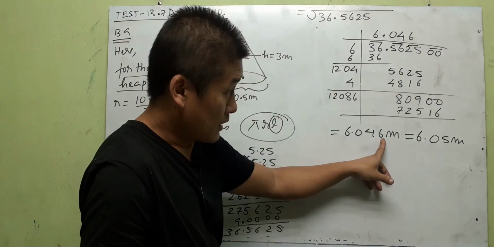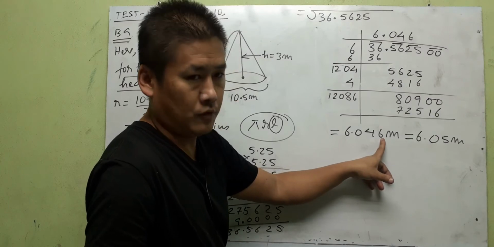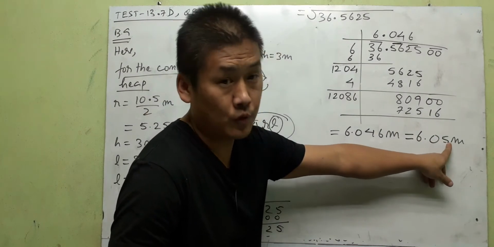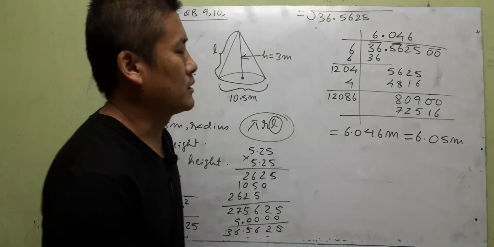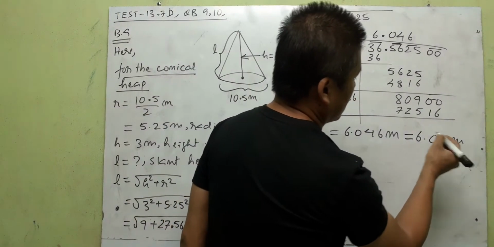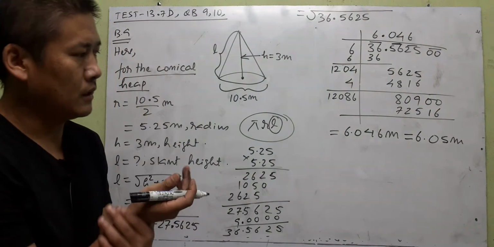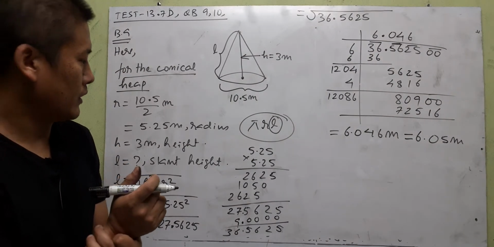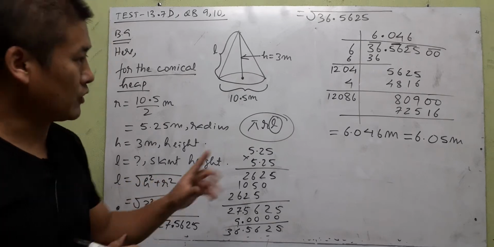But had this been lesser than 5, suppose 4 or 3, this 4 would have remained the same, it would have been 6.04. That's called approximation up to the second place by looking at the third place. Now that is the approximate value of L.